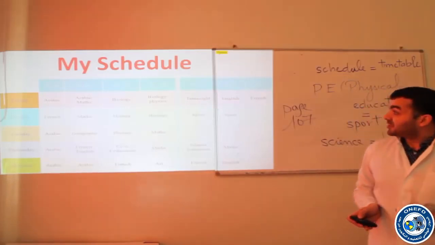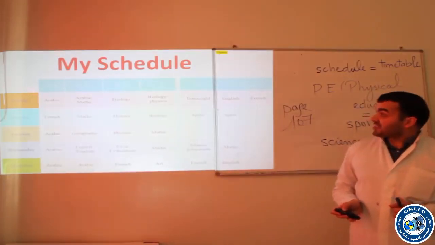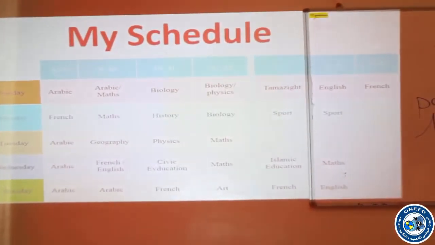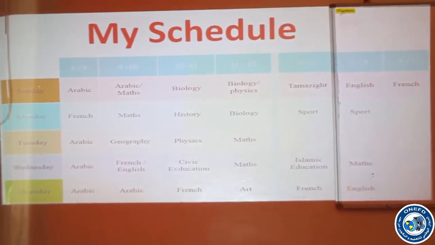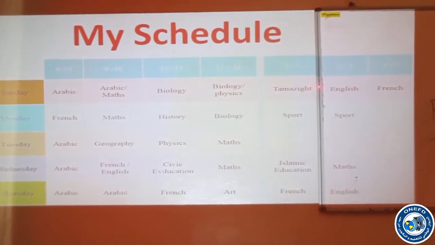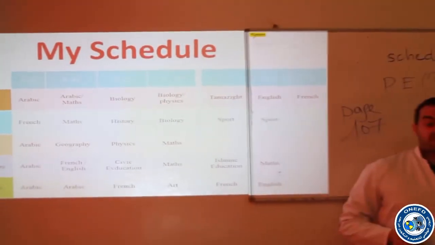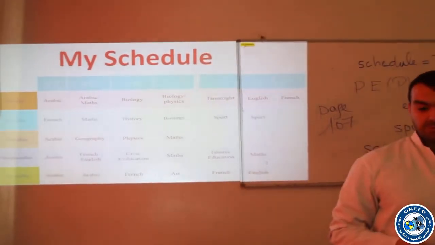For example, on Sunday he has Arabic, math, biology, physics. This is in the morning. In the afternoon, for example, he has Tamazight, English and French. So this is the timetable of Omar. Have a look at this timetable.